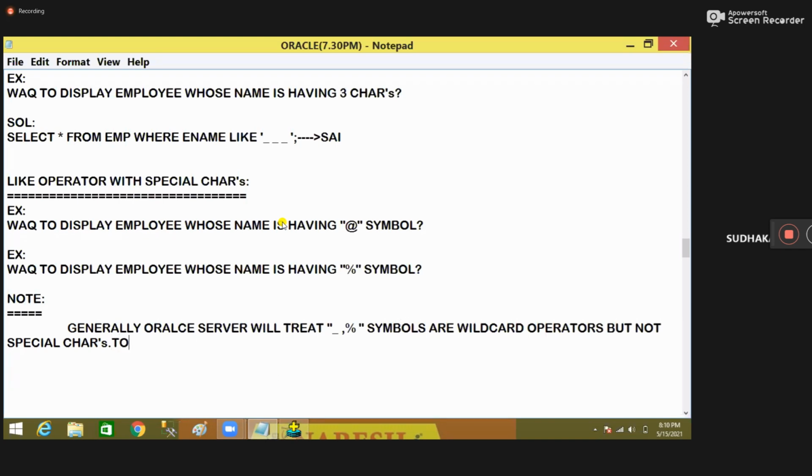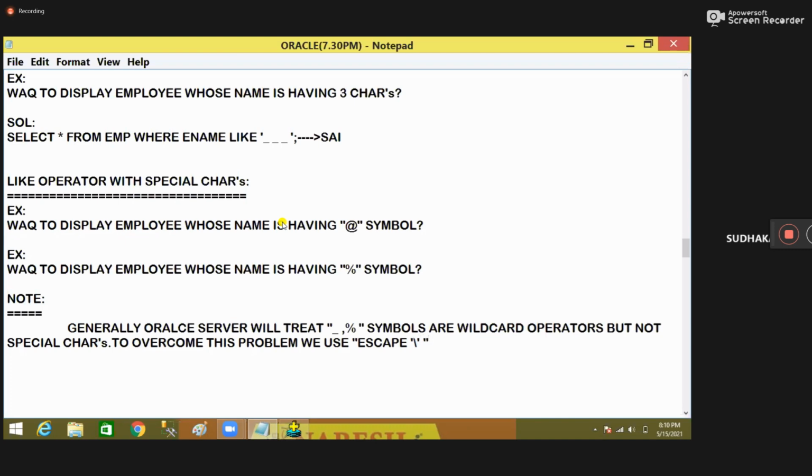Then, how do we overcome this problem? We use one special keyword that is called escape slash.